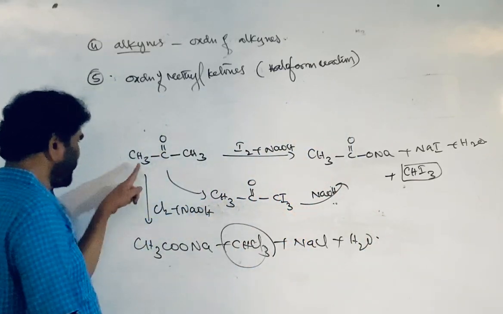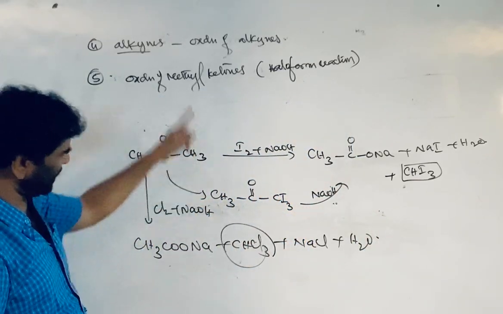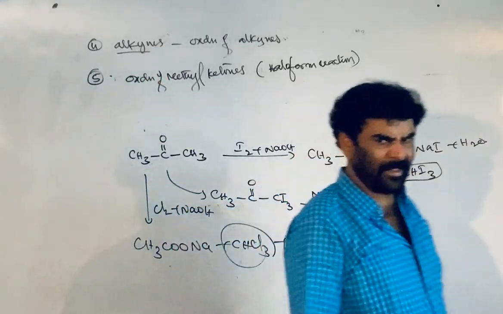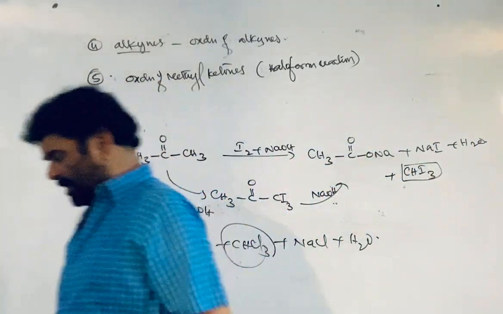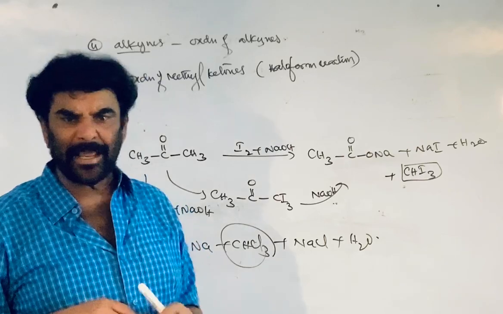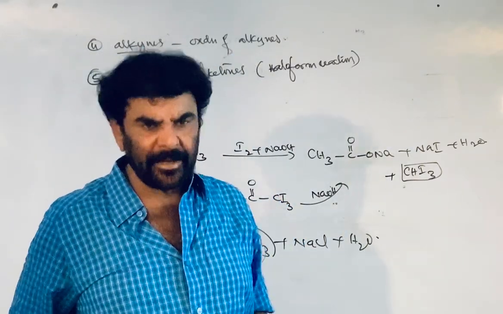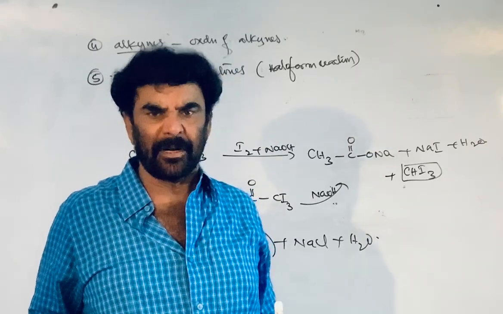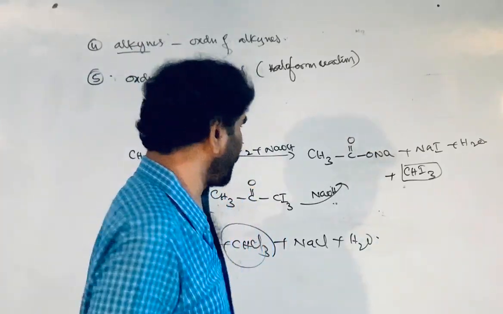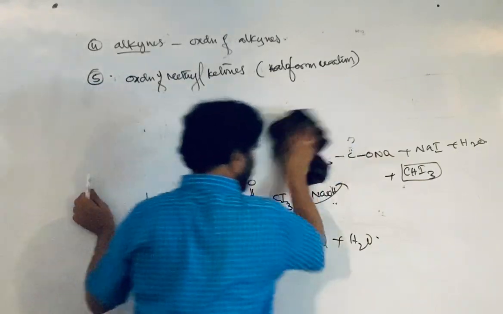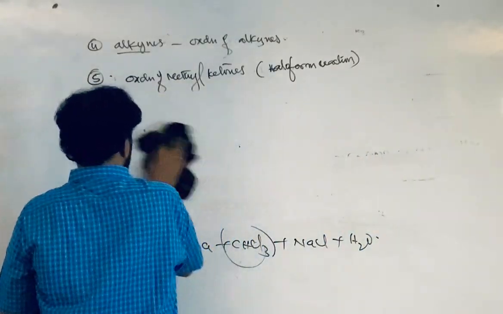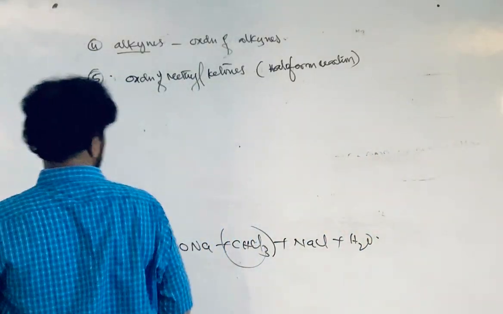This is chloroform. If you treat with bromine and sodium hydroxide, the carboxylic acid is the same. But among the chlorine, bromine and iodine reactions of methyl ketones, the iodine reaction has practical importance. It is used for the identification of methyl ketones, to differentiate them from other classes of compounds or other ketones.